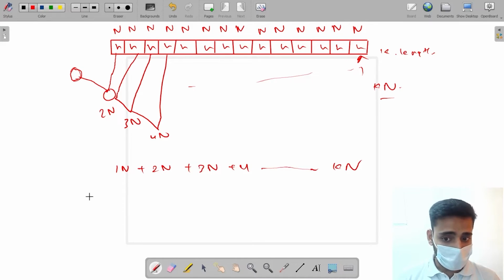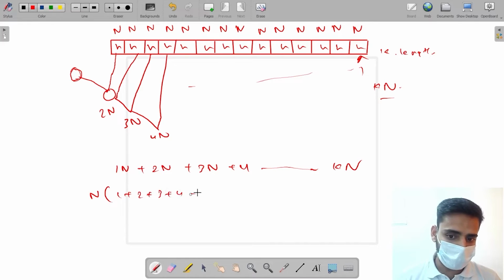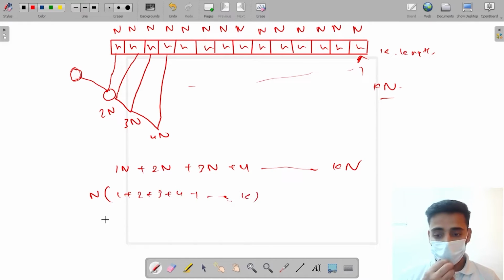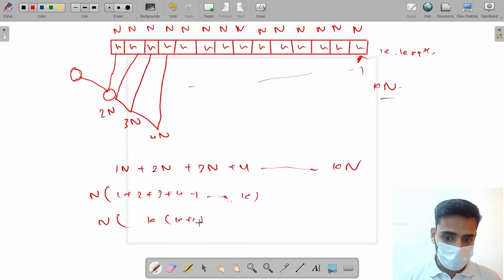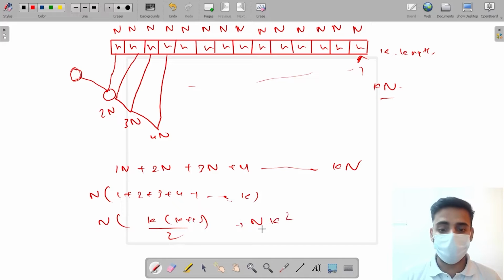If you take n common, it will be 1 plus 2 plus 3 plus 4 plus 5 up to k. The value is k into (k plus 1) by 2. So we can simply see that it is nk square complexity.